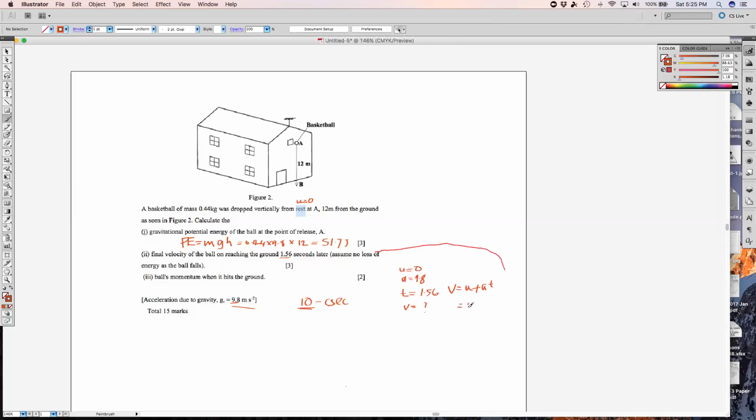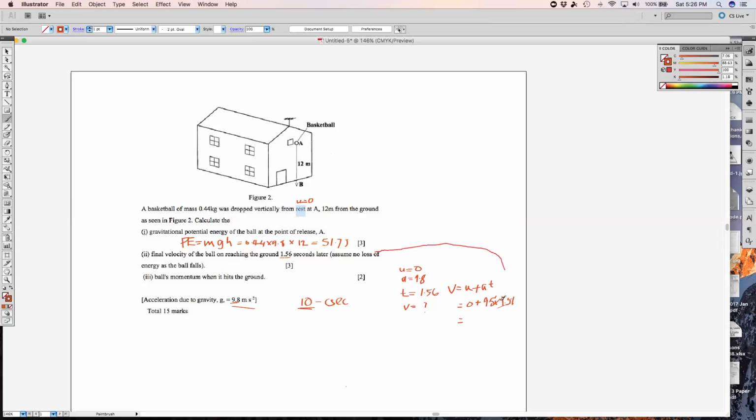And therefore, the final velocity is 9.8 by 1.56. What do you work that out? 9.8 multiplied by 1.56. What's that? 15.28.